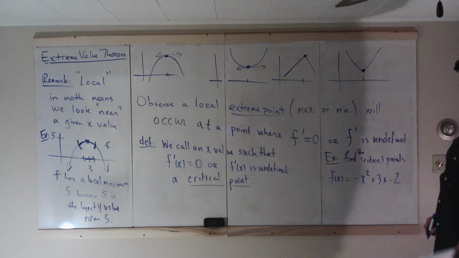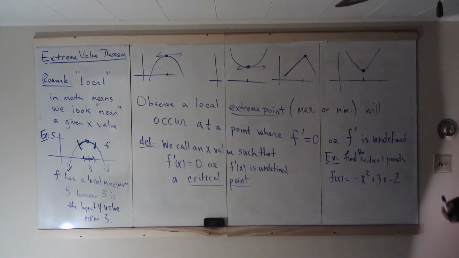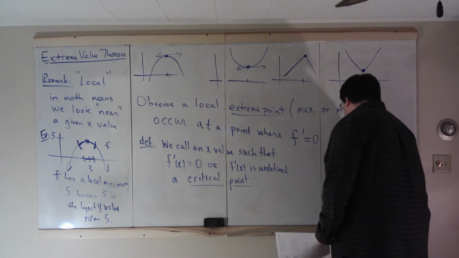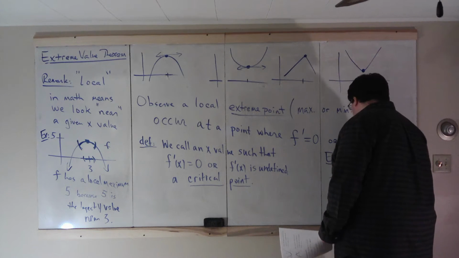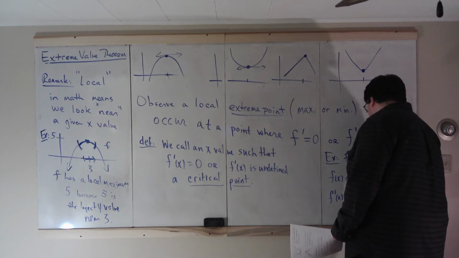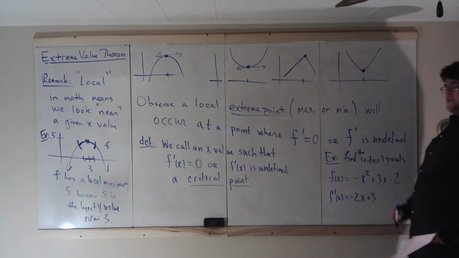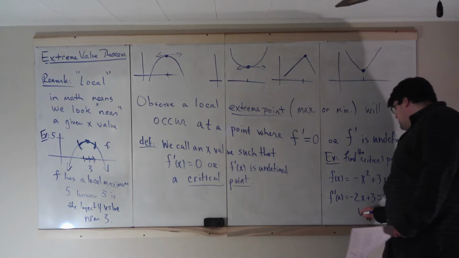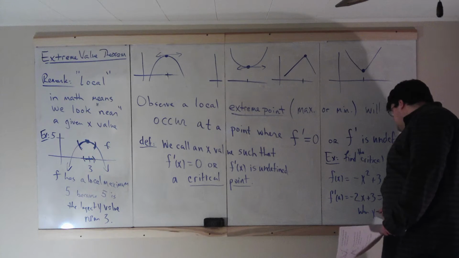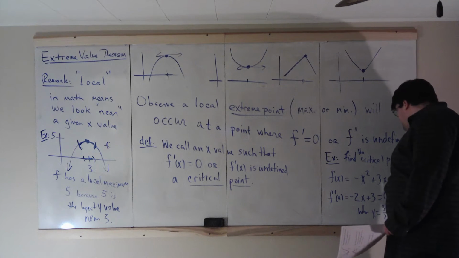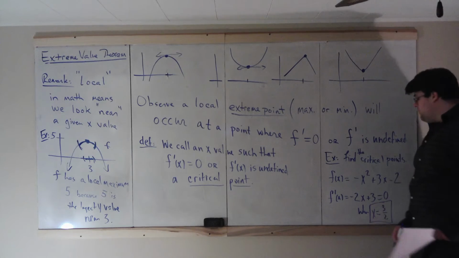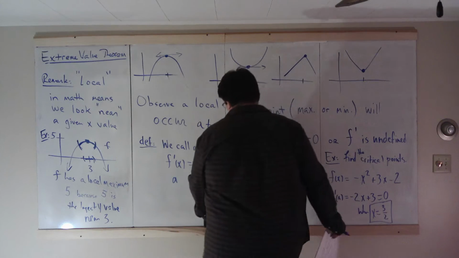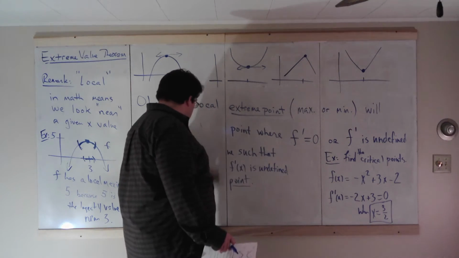Well, critical points are where the derivative is 0 or the derivative is undefined. So f prime of x is negative 2x plus 3. Well, that's never undefined. Where is it 0? When x equals 3/2. So in this case, we have one critical point. There is only one in that case.